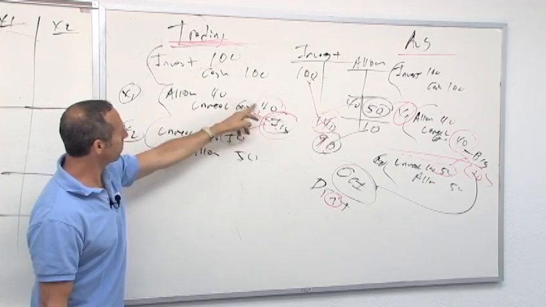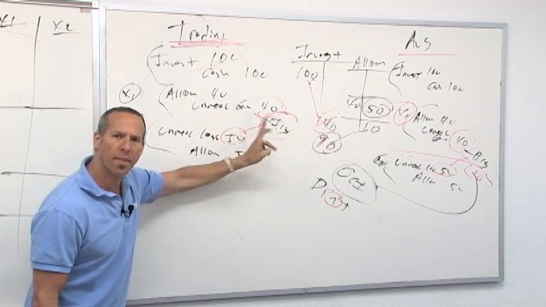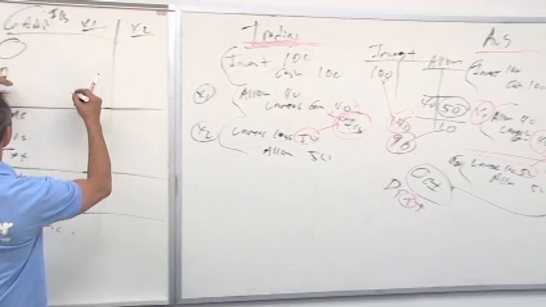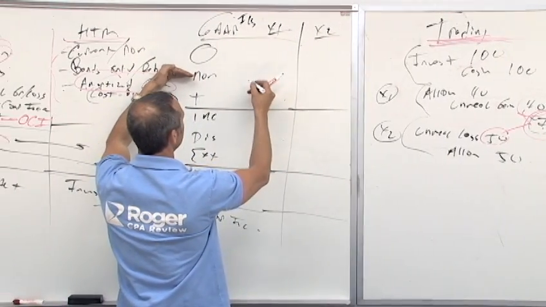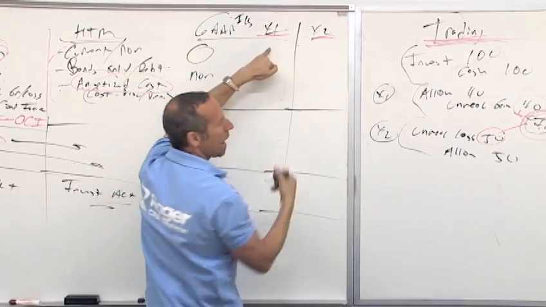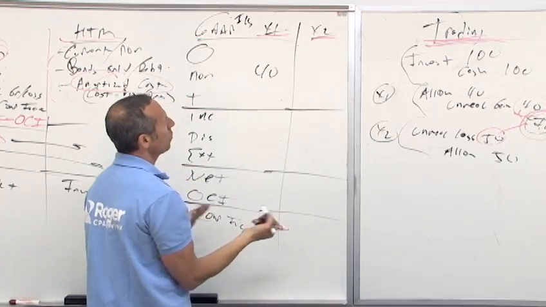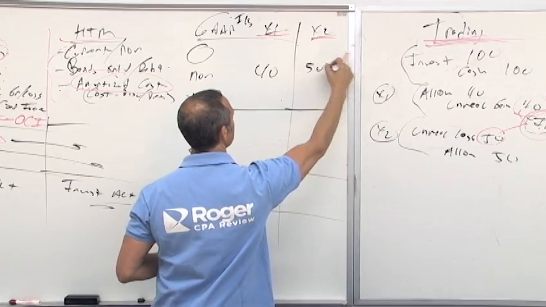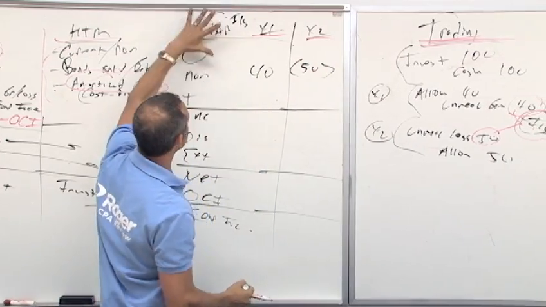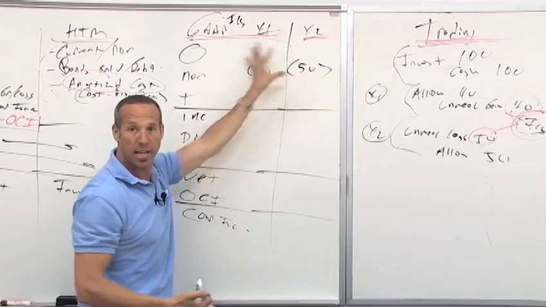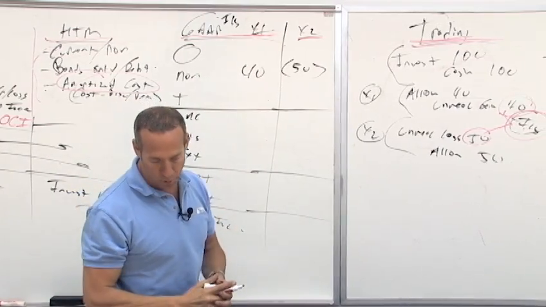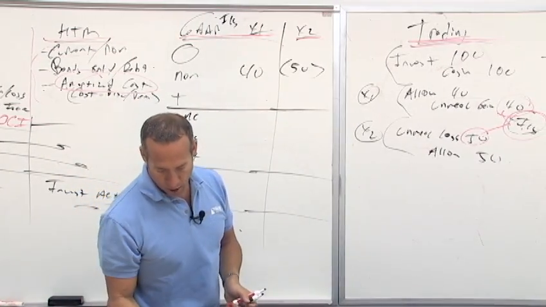So where do these two numbers go? Income statement. Where would they go on the income statement? They would go up here as other, non-operating. So in X1, I have a gain of how much? I have a gain of $40. In X2, I have a loss of how much? A loss of $50. So notice they go up here as part of your GAAP income statement. And that's the picture I put in there. It says if trading goes here.